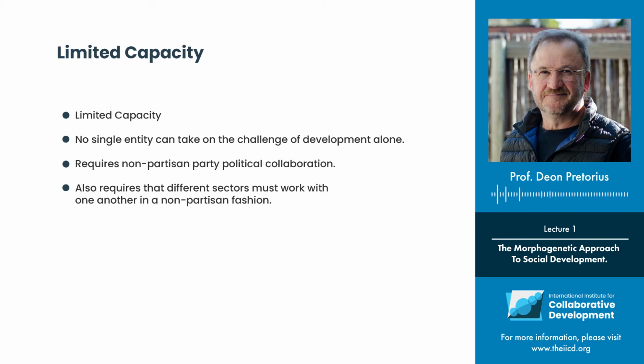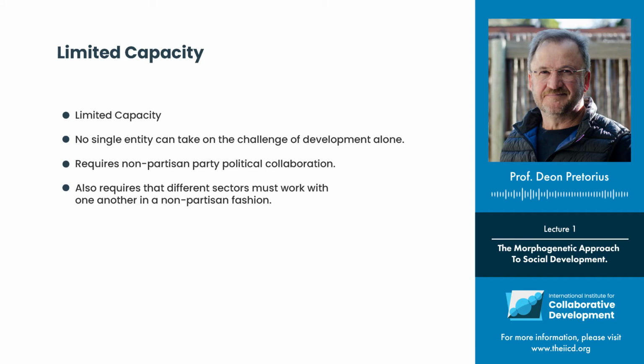Instead of a situation where we are only dependent on the state, or at a local government level, the municipality, to be the agent of local development, all these sectors need to work together in what I call a multi-sectoral co-responsibility model. I argue that this is a strategic imperative. We don't have a choice in a country like South Africa.